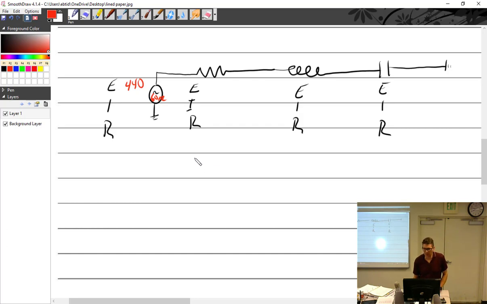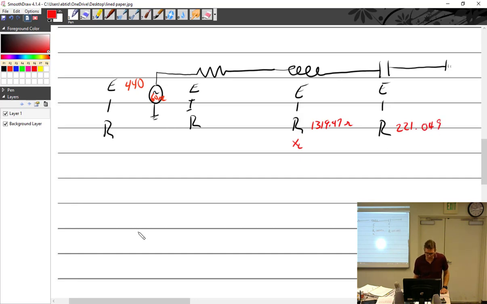Do we know anything else? Oh yeah. So X of L is 1319.47. And this one, X of C, was 221.049.